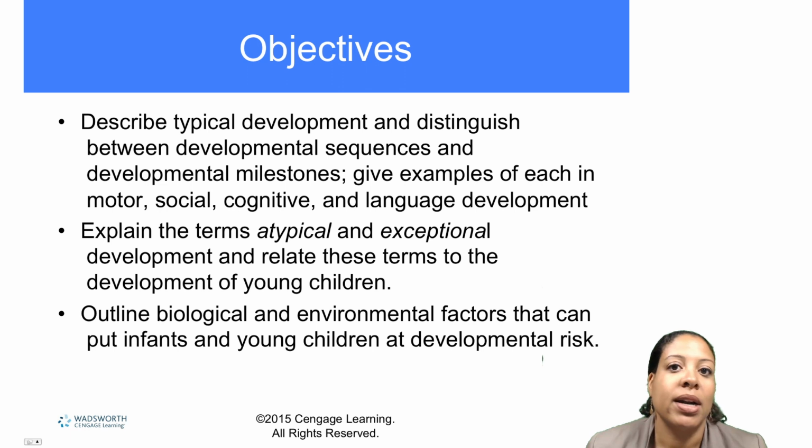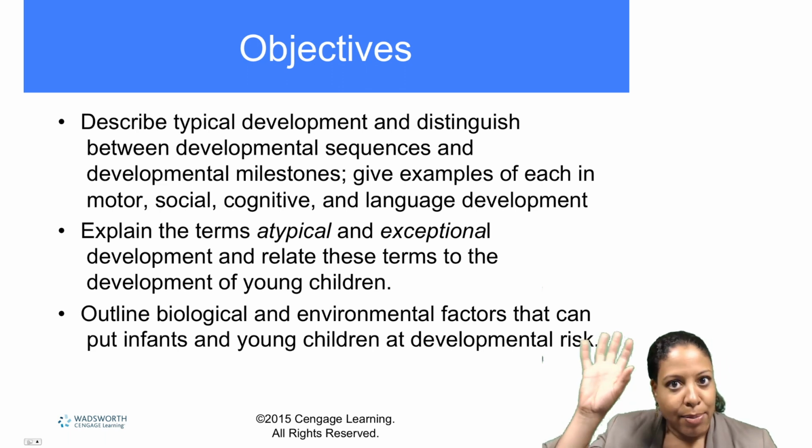You already bring a lot of prior knowledge to this course, being that you're students, being that you've been educated for several years. So I want you to think about how you would respond to these particular objectives first. You're tapping into prior knowledge.